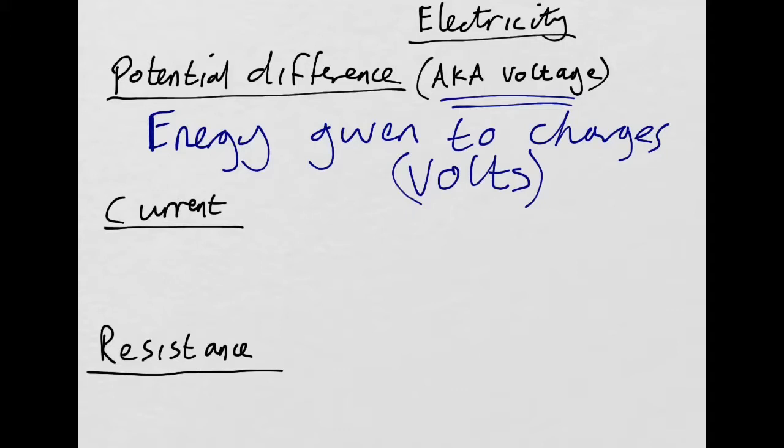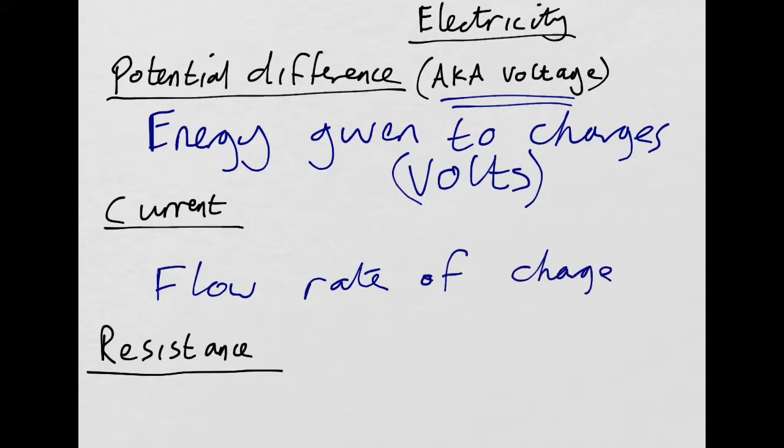So the flow rate of charge. Let's write this down. Of charge. So those negatively charged electrons, if you've got loads and loads of them moving through a certain area of your circuit, then you're going to have a high current. This is measured in amps.